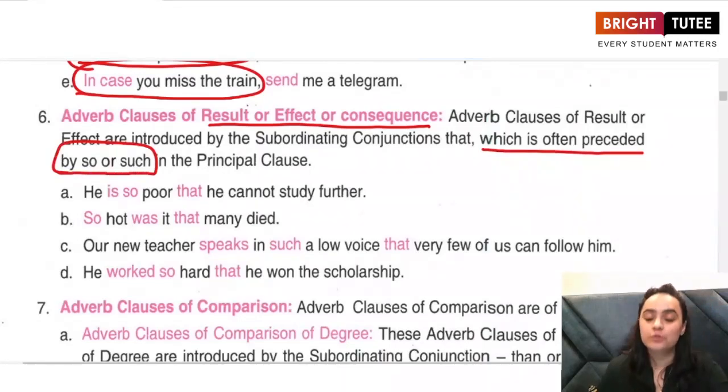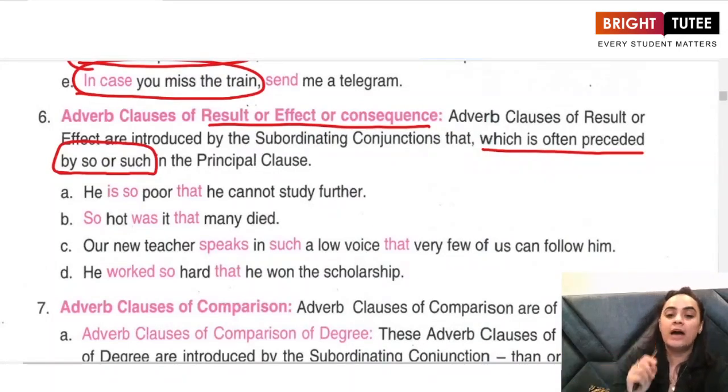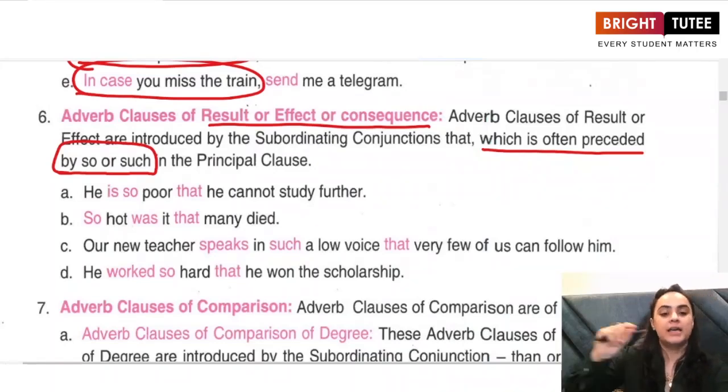These are introduced by those subordinating conjunctions in which that is preceded by so or such. Preceded means before.